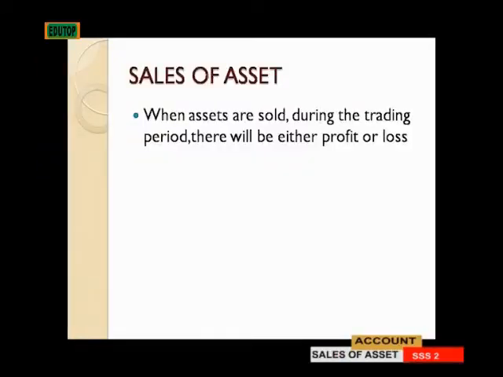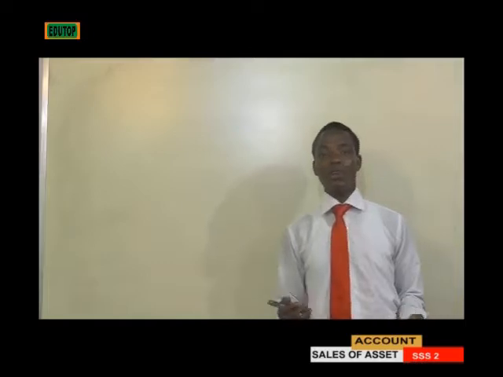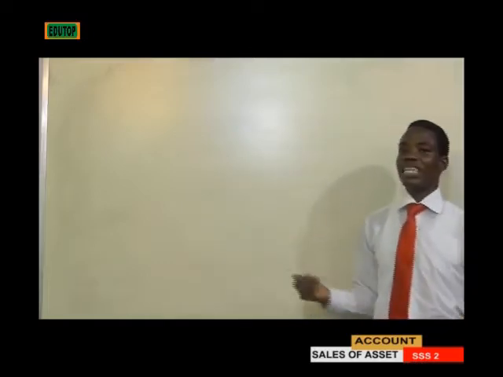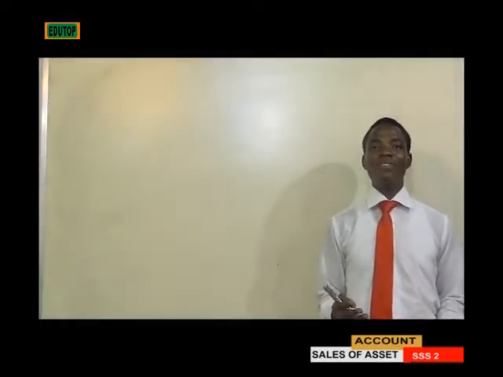Sales of asset. You know, at times they might give you a question that has to do with the sale of an asset. We will do the necessary things that we need to do here, so that when you come across the question, you will be able to tackle it. Now, sales of an asset: there is a situation whereby we talk about salvage or scrap value. It is an estimate, but in a question, you might be given that the asset is being sold, is being disposed at the end of the day.